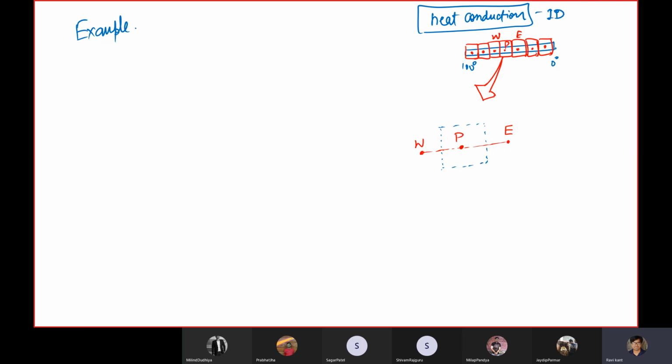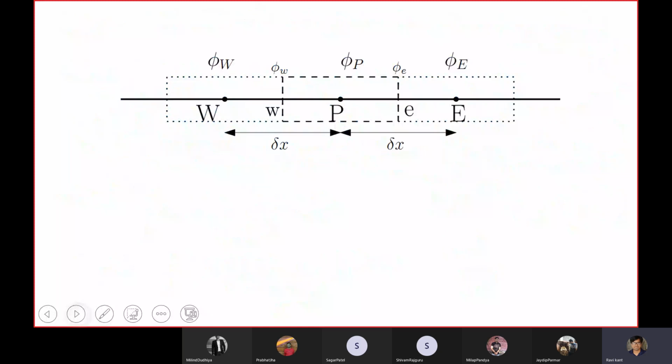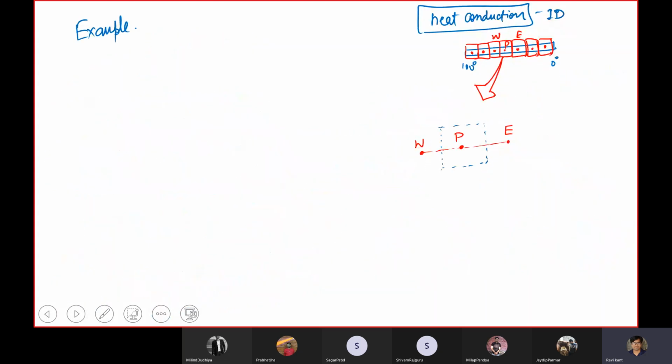Okay, and we try to come up with some relation, and the underlying governing equation is transient. Again, we have taken the steady case, so here also we will take the steady case. We will go to the unsteady case in future lectures, but for the time being, let's take the steady case. But let me write the whole equation.